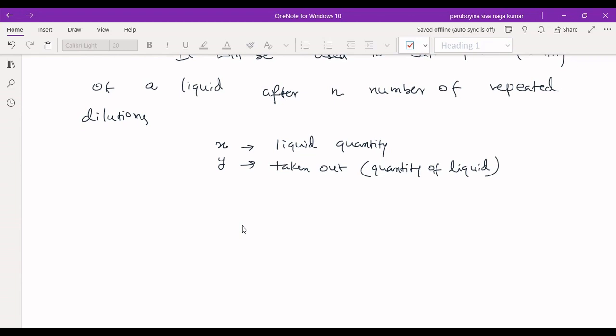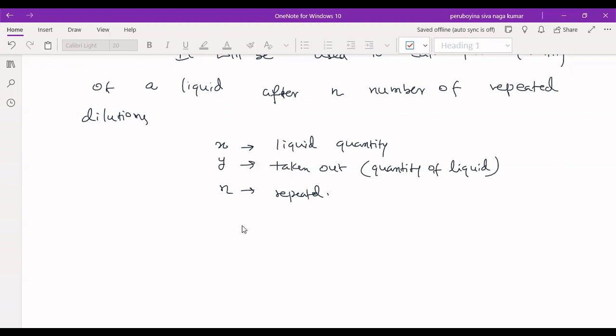How many times did it happen? We are diluting every time: whatever quantity of the original liquid you take out, you replace with the same quantity of some other liquid, like water. This is repeated n number of times.